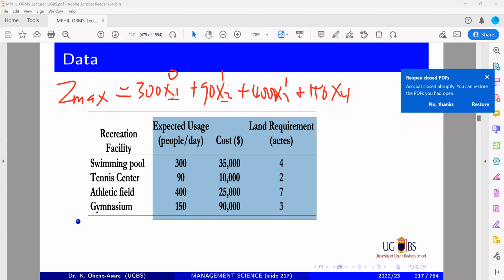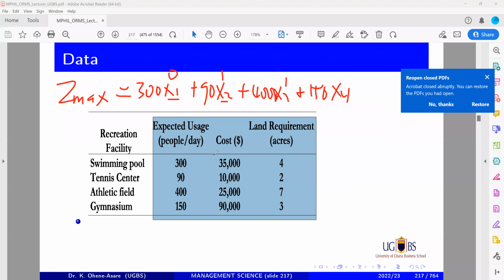And the question now is, what are the constraints? Who can tell me the constraint and how to write the next constraint? The constraint here is cost, or the budget. So how do you write a budget constraint?